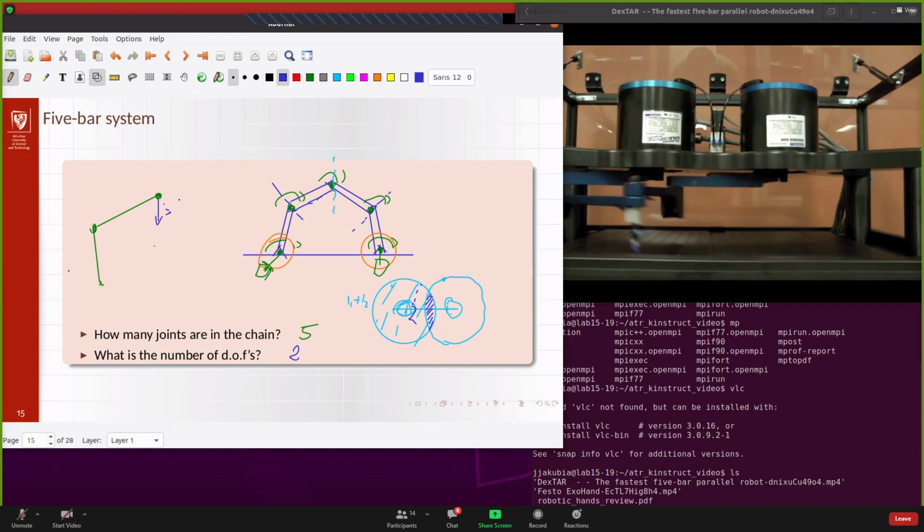This component of the force, let's mark it in red, needs to be compensated by the motor here, because it's just the motor that influences the joint. The second component, this one, is cancelled by the stiffness of the construction, by the mechanical structure.